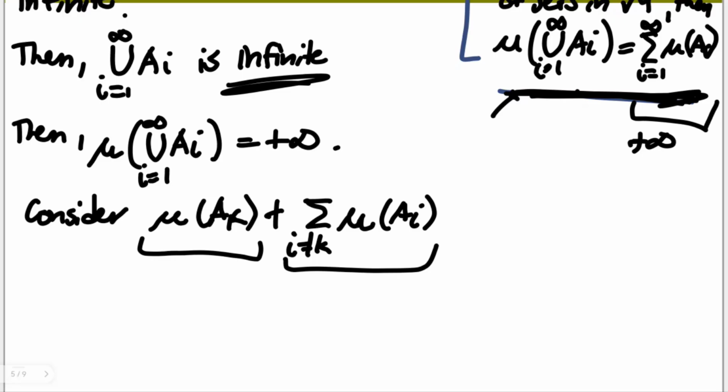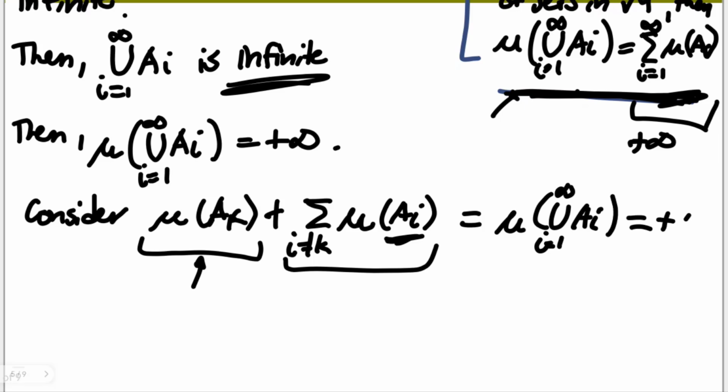This will run until whatever the value of i except for k, because k here is already given. Take note that this is also equal to the mu of the union of a sub i, where i is 1 to infinity, which is identified as positive infinity earlier.